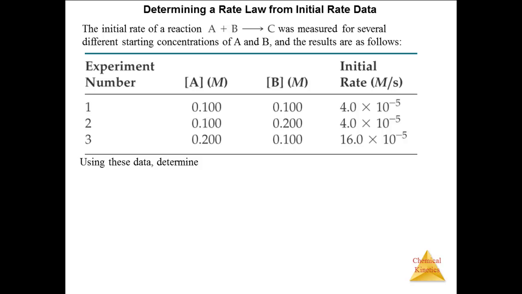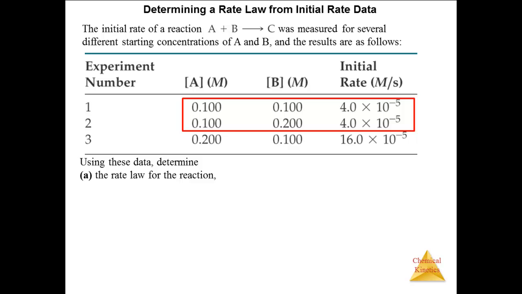Let's do this sample problem to see how these things work out. The data for 3 experiments are given for the reaction A plus B gives C. Let's determine the rate expression for the reaction. When we do this, we want to choose experiments where one of the reactants changes and the others do not.